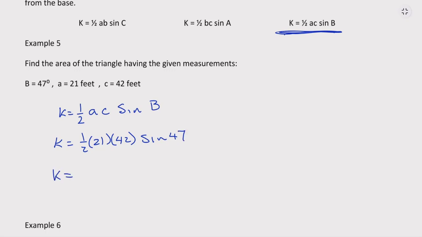Okay, so if we put that in our calculator, we get 322.54, rounding to 2 decimal places.